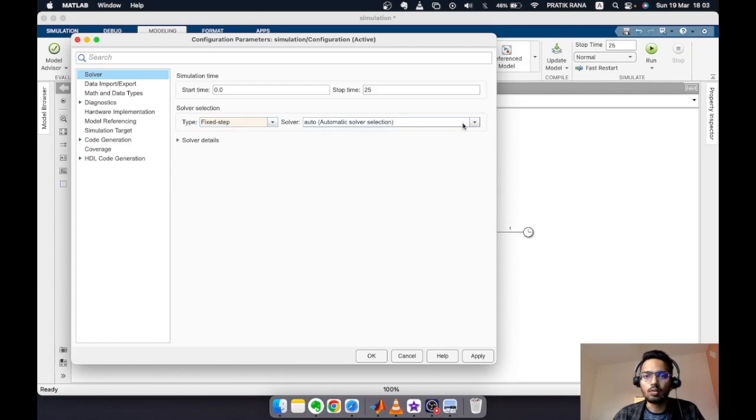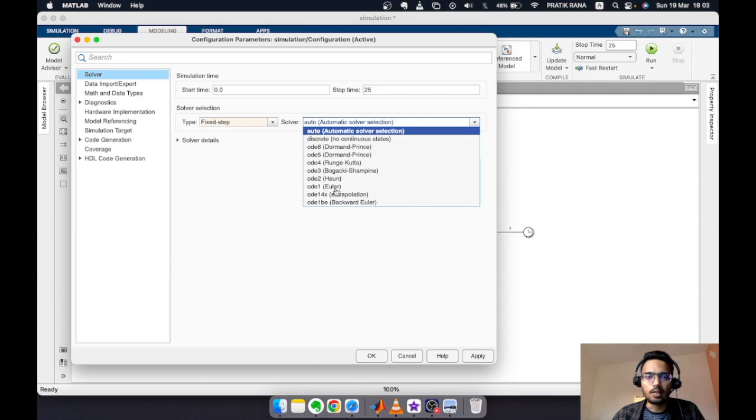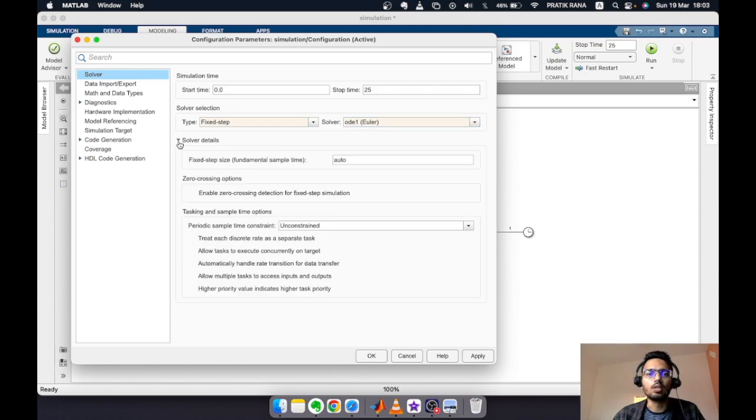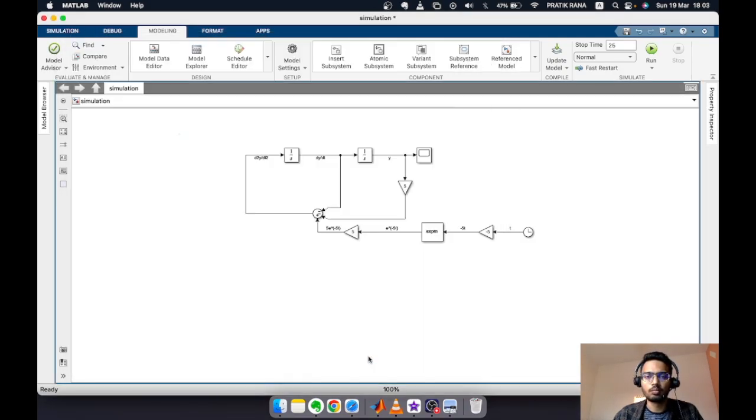Next we'll go to solver where we'll select ODE1, which is for Euler, from this drop down, and then in the solver details the fixed step size will be defined as 0.1, the same we chose while doing the scripting. So the model settings and the solver have been configured.